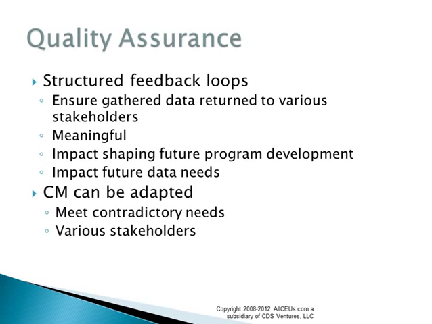The nice thing about case management is it can be adapted to meet the sometimes contradictory needs of various stakeholders. As the example I gave before, you need to provide high-quality intensive treatment to people, yet we need to do it cost-effectively.